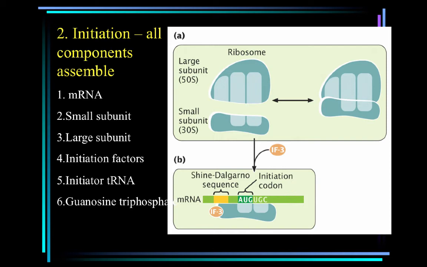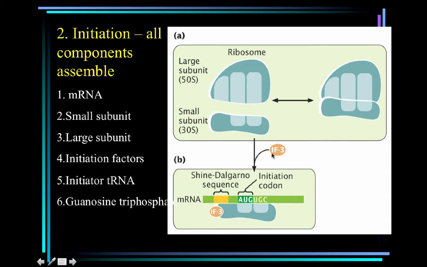So with the initiation process, this is where all of the different components are going to come together and assemble on the ribosome. So those different components are listed on this slide. So we've got the mRNA strand that came from the transcription process. We've got the small subunit, or the 30S subunit. We've got the large subunit, which is the 50S subunit. We've got a bunch of initiation factors.